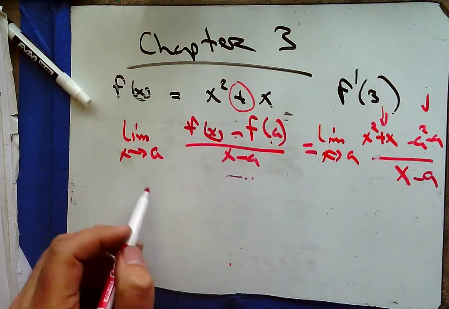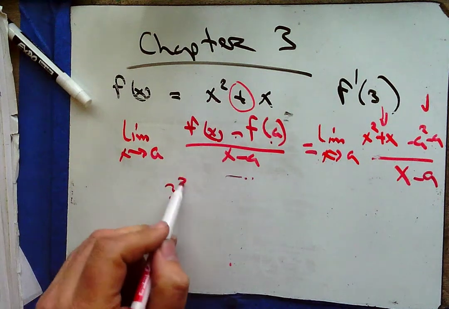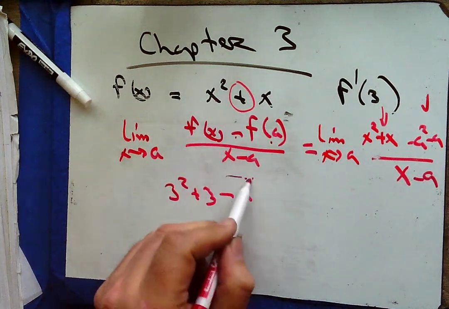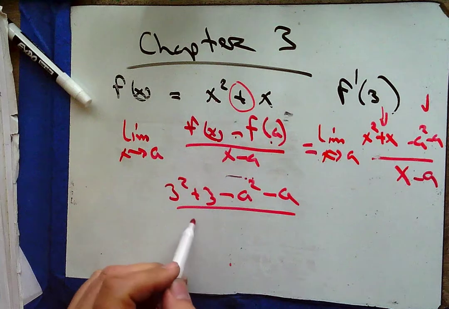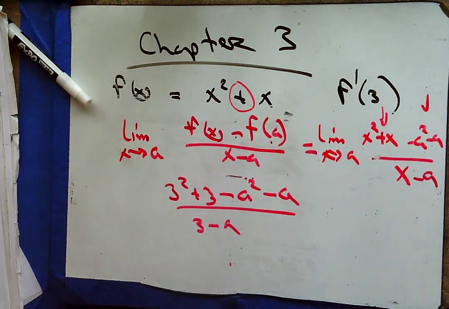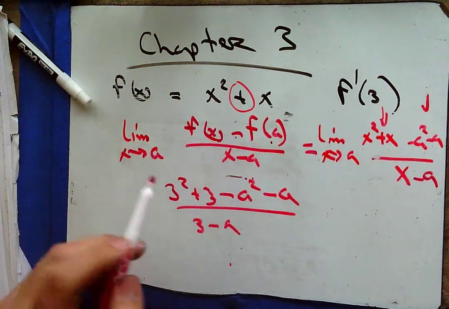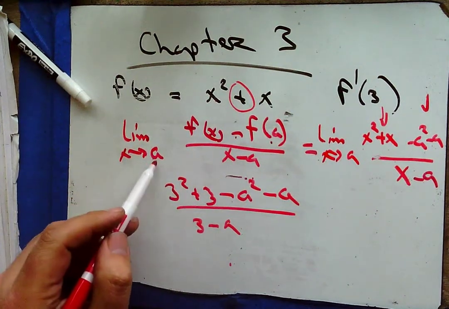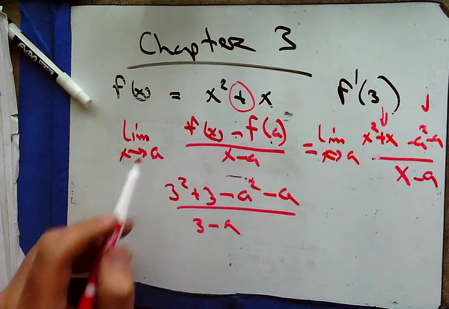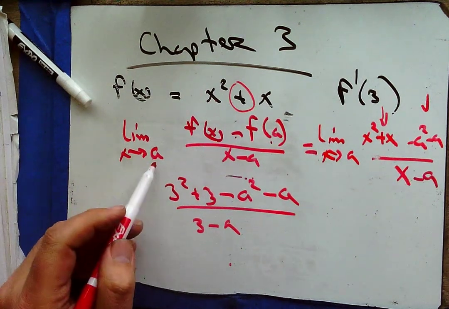Then they say 3 squared plus 3 minus a squared minus a over 3 minus a. So it seems like they're trying to now plug in an a value, except they plugged it in for the x's and not the a's. Remember, that a is the specific x value.